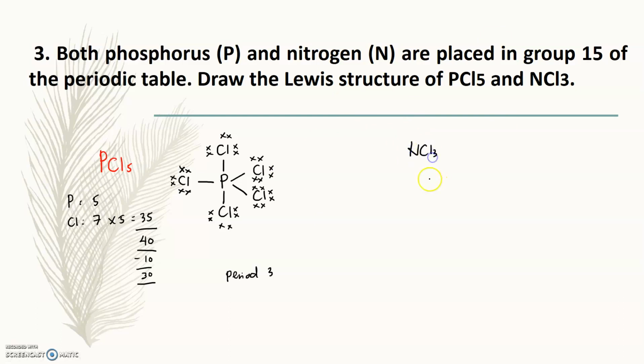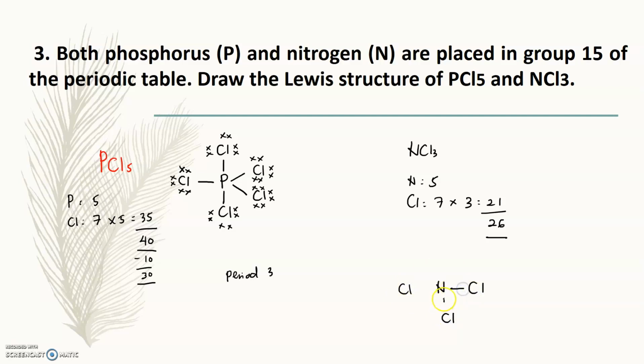nitrogen trichloride, okay, same, nitrogen group 5, so 5 valence electrons, chlorine group 17, 7 valence electrons times 3. So 21 plus 5, 26 valence electrons. Nitrogen is more electropositive than chlorine, so it is the central atom, and chlorine is the bonded atom.